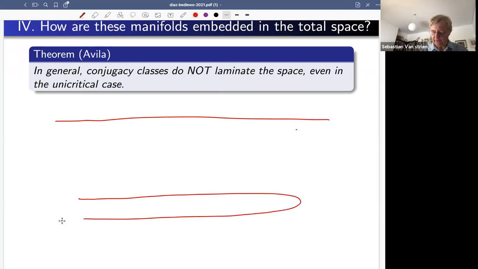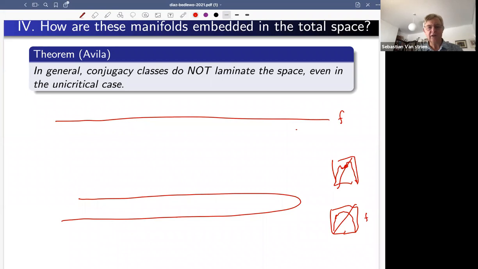Essentially, if you take an effective map which is parabolic and unicritical, and then you take some iterate, maybe something which has a parabolic fixed point, a very simple one, but let's say something like this, then you can construct it in such a way, not always, but you can, that this map F can be approximated by other maps so that the conjugacy classes are more complicated.